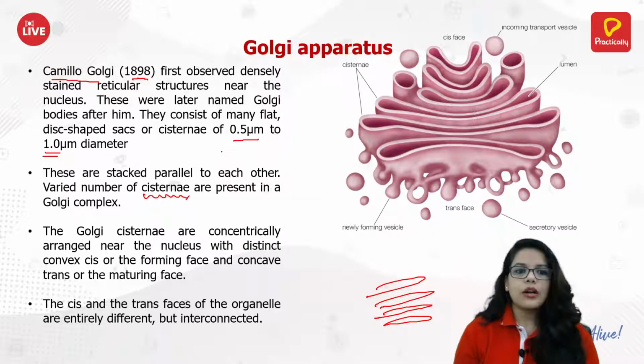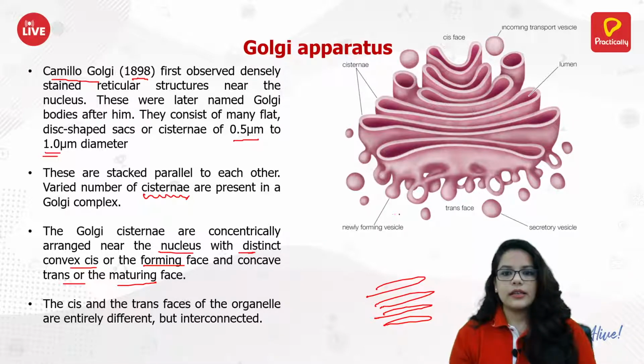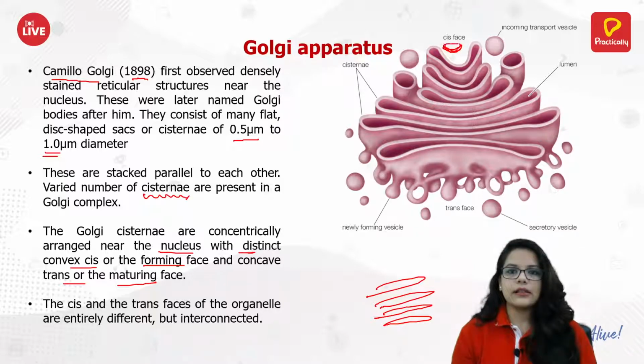Okay, so the Golgi cisternae are concentrically arranged near the nucleus with distinct convex cis or the forming phase and concave trans or the maturing phase. So they have two parts. They have a cis phase, a convex structure like this, that is the forming phase.